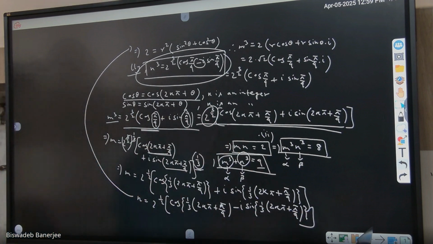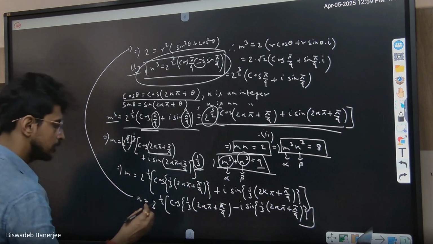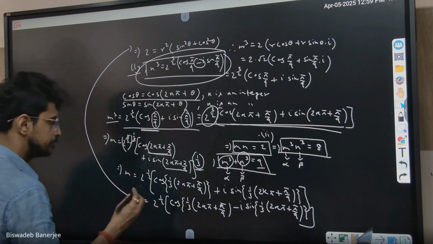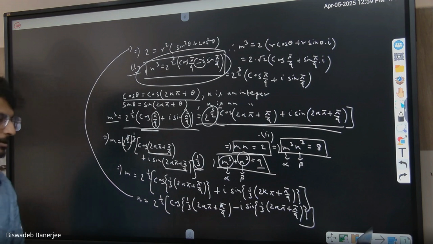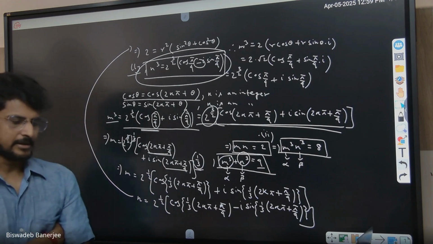Exactly similar way, we can find n equal to this. This is my n. So these are my m and n.